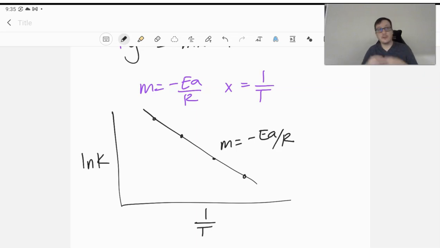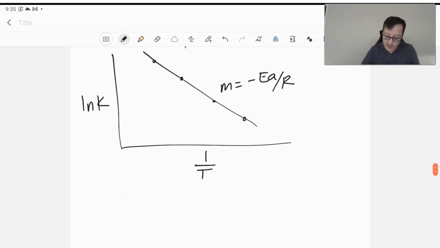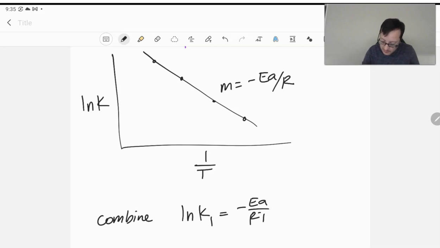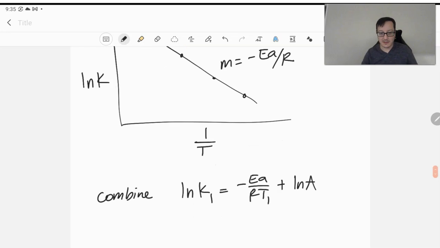And the last thing is, if we want to take that idea of taking multiple measurements at the same time, we can throw it all together. We can combine that if we have ln of k1 equals negative EA over RT1 plus ln A, right? A is just a constant. We're going to see we can get rid of that.